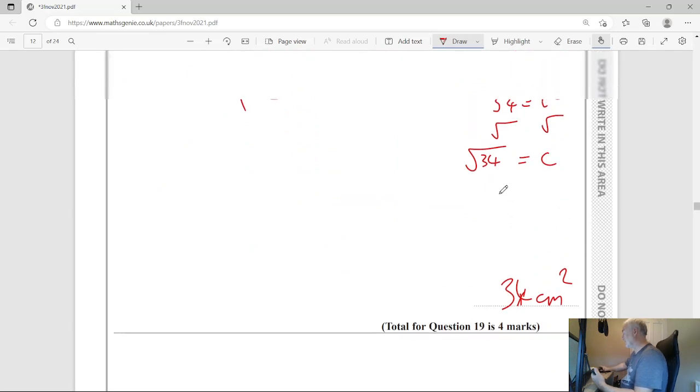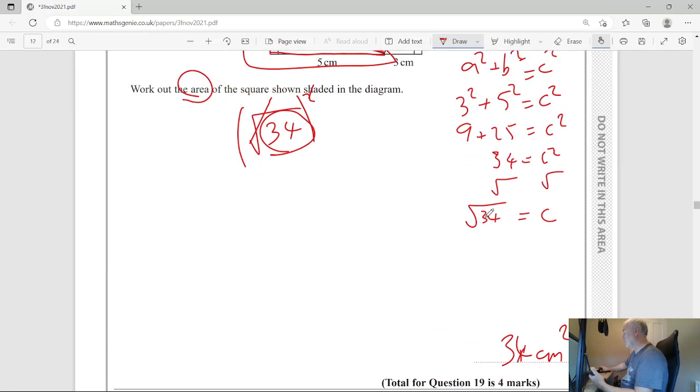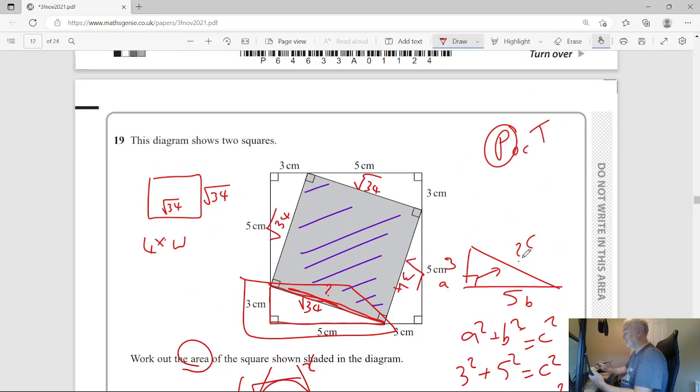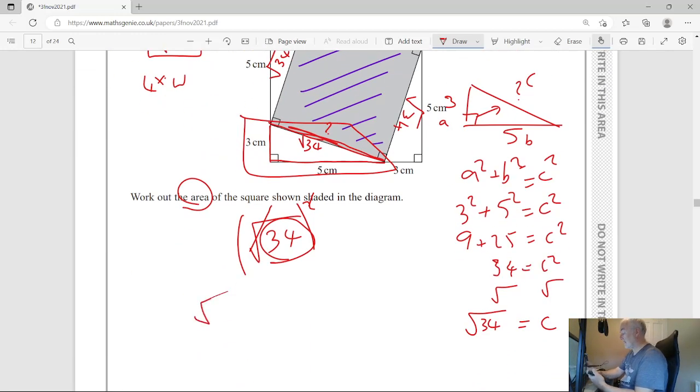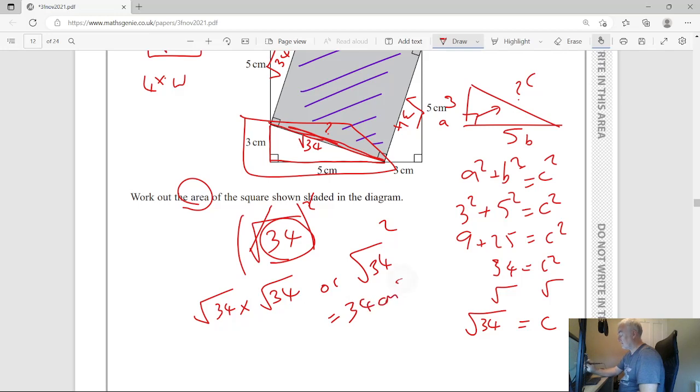I could write that slightly differently by saying root 34 times root 34 or root 34 all squared. Both would give me the same answer, and that's going to give me the value of 34 centimeters squared. Remember, it's area, so it's units squared.